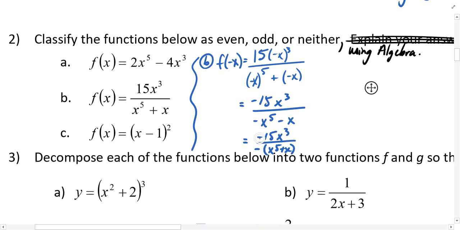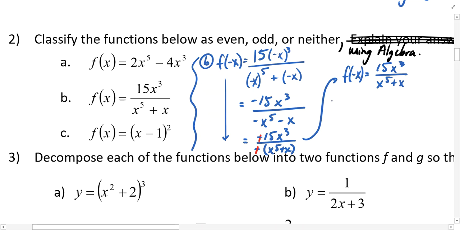What this does for me is it essentially gives me a negative 1 in the numerator that can cancel or factor with the negative 1 in the denominator. Or more generally speaking, we see that the two negative signs cancel. And what I'm now left with is f evaluated at negative x, I should have really carried that down all the way here, f evaluated at negative x is equal to 15x cubed over x to the 5th plus x.